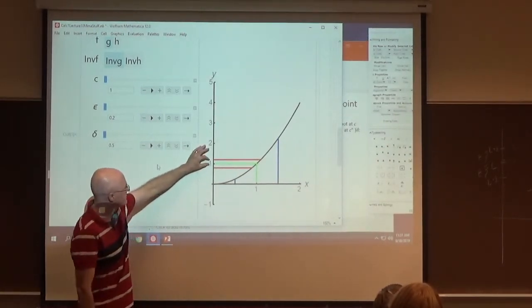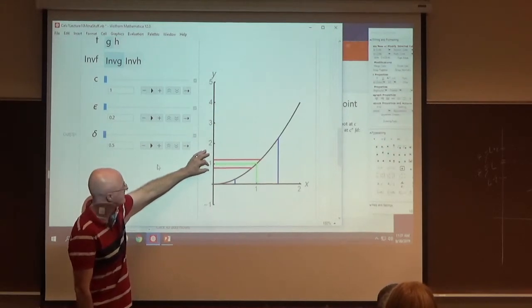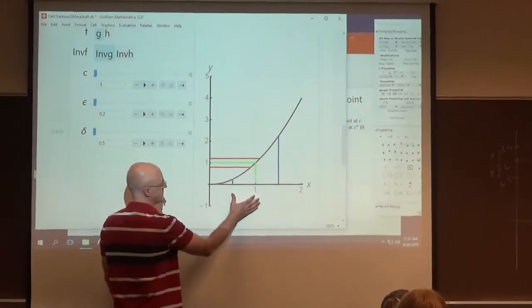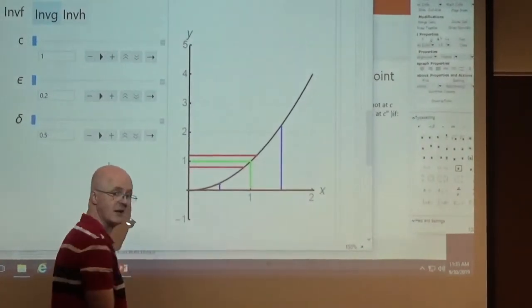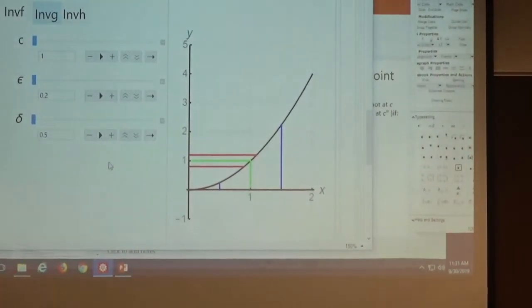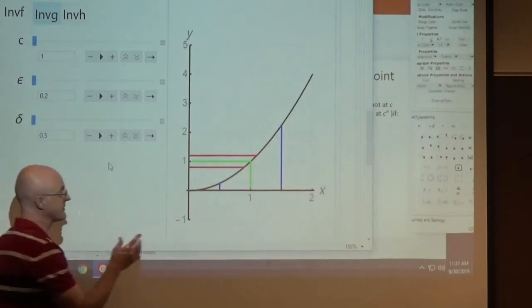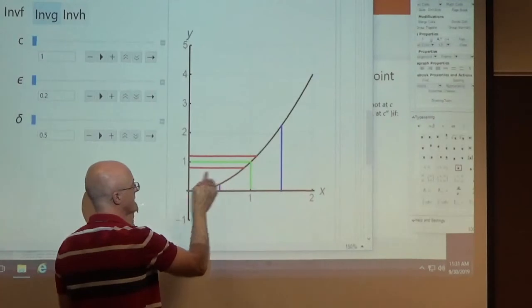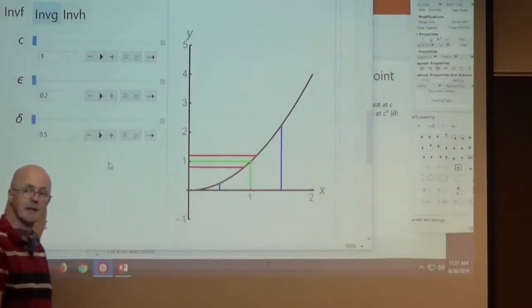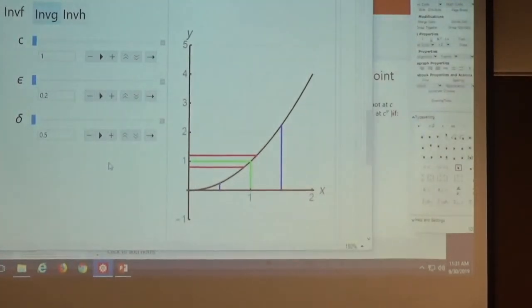This vertical distance between the green and red line is epsilon. This horizontal distance between the green line and the blue line on either side is delta. But with this particular picture, delta is too big. There are values within delta of 1 whose outputs are further away than epsilon from 1 on the y-axis.